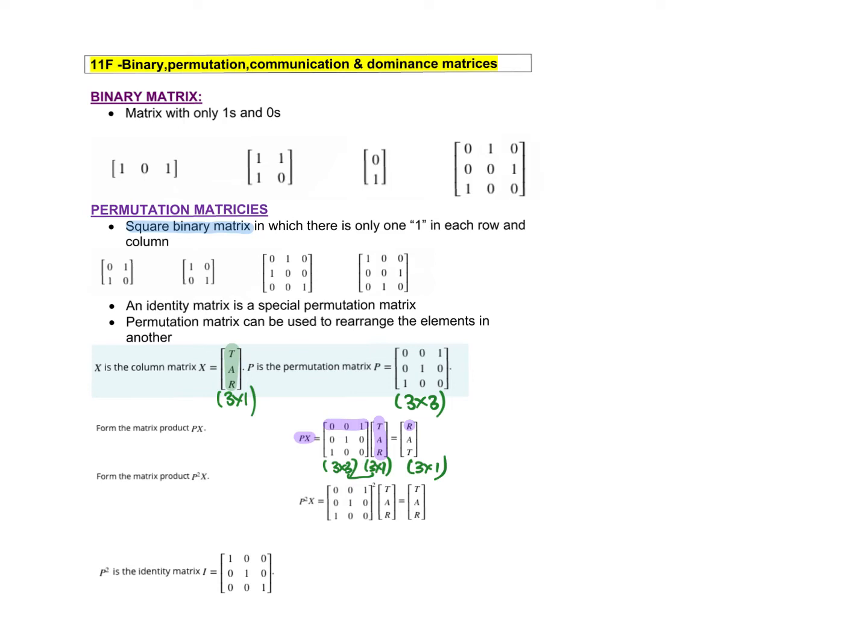Okay, if you square the permutation matrix, we can do that because it's a square matrix, so we can raise that permutation matrix to the power of 2. It's going to do it twice: it rearranges the letters, and then it rearranges them again. You can see when we did that, it went back to the start.